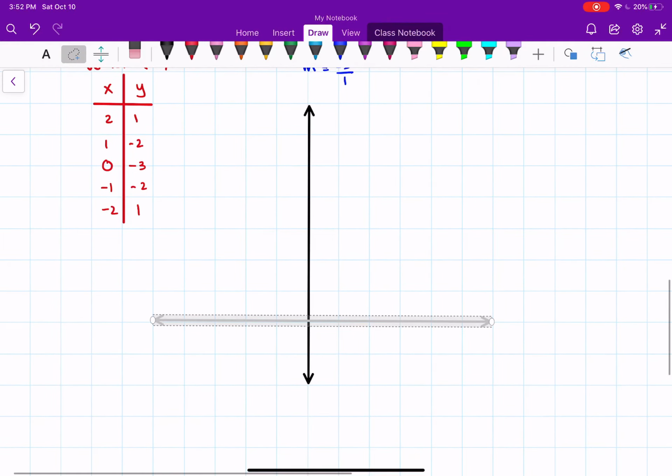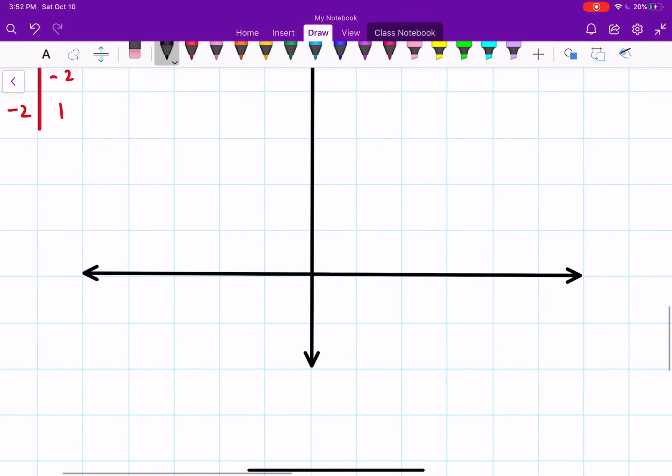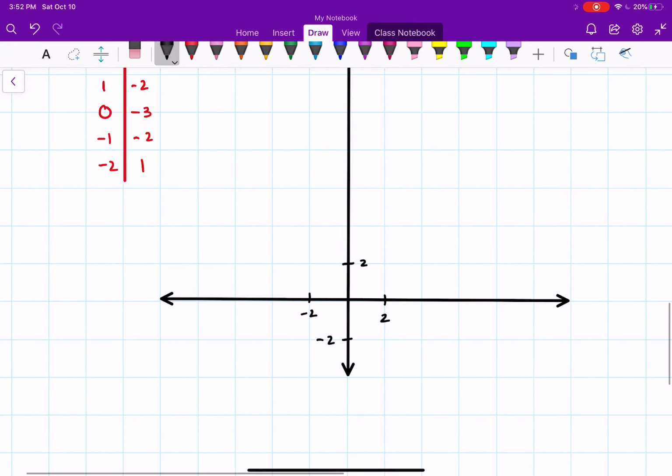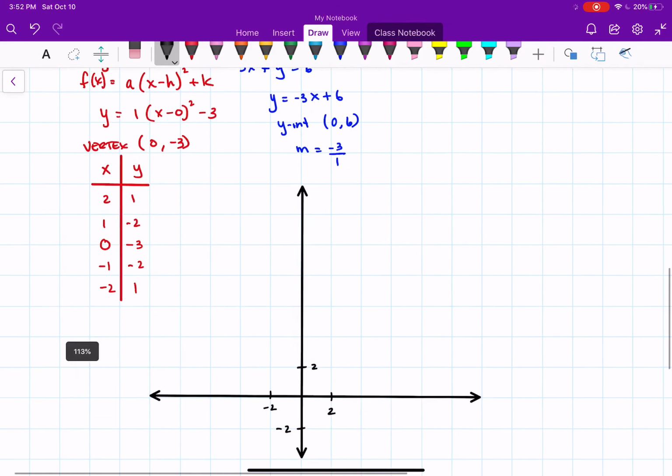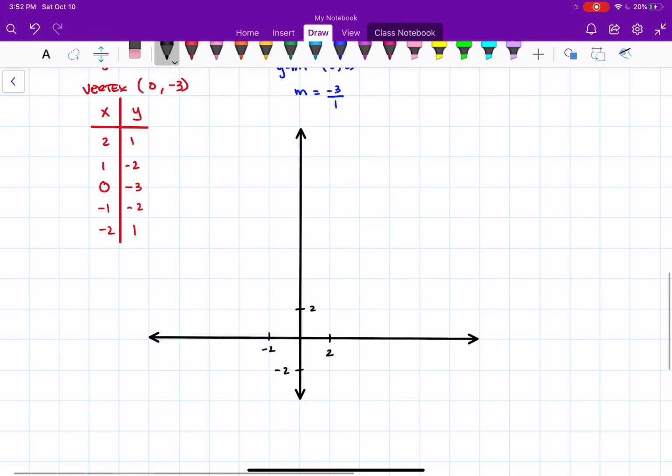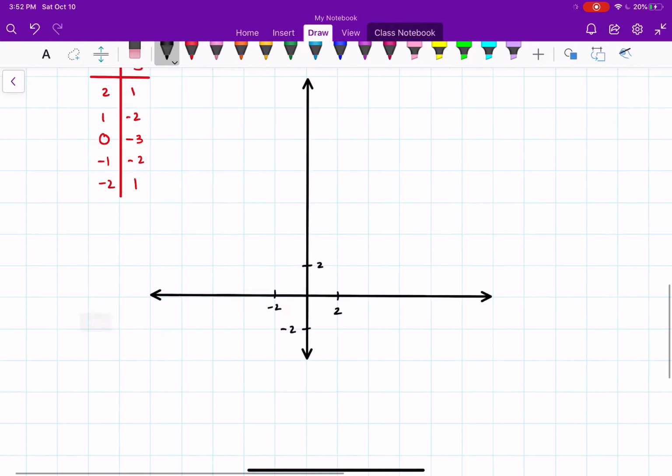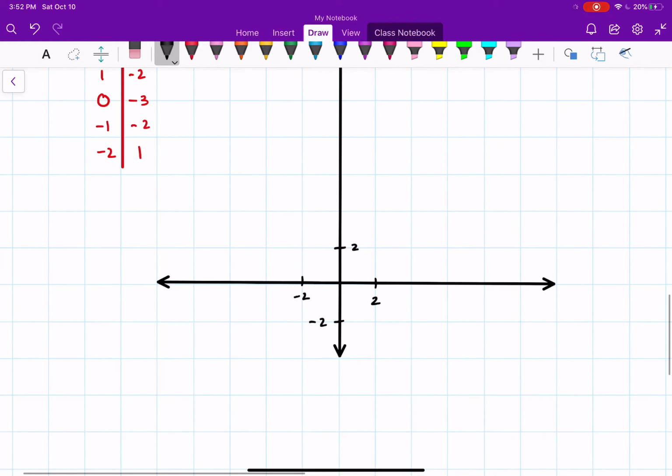Okay, there we go. And I'm going to make a table here. All right, so let's do the parabola. So I have 0, negative 3.